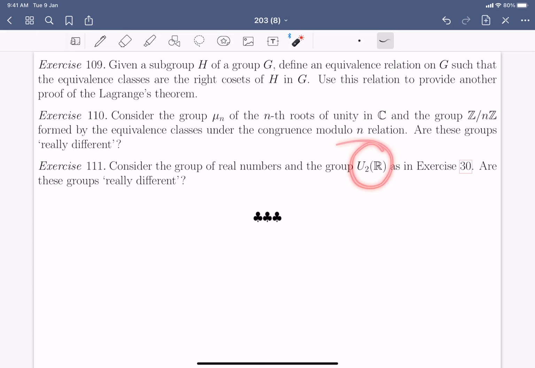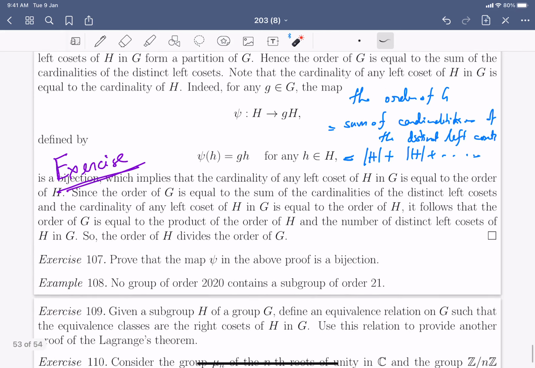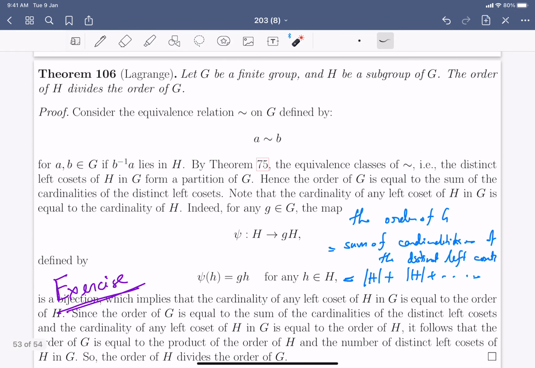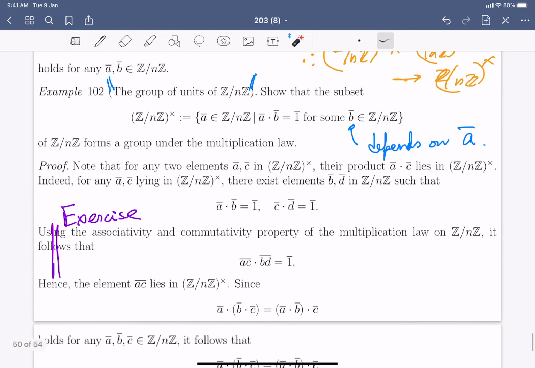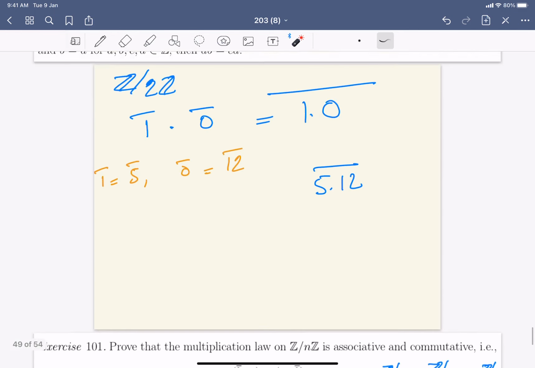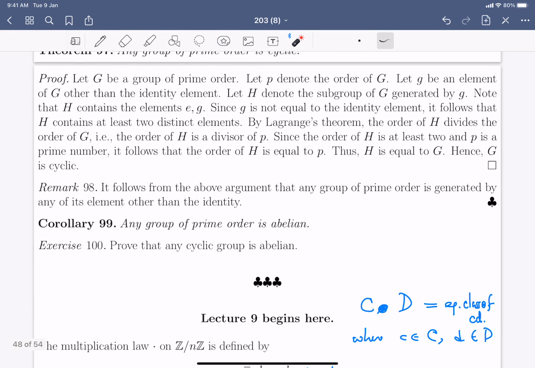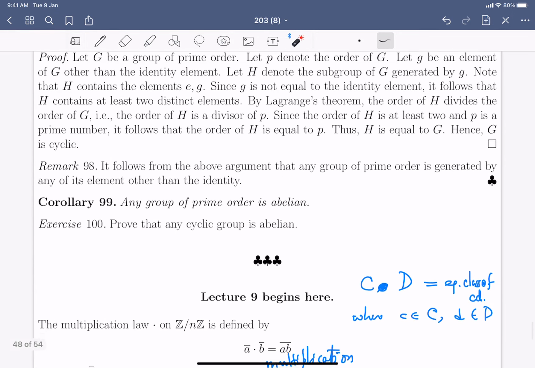Anyway, you may also have the group U2R in mind, and then the question is: is this group really different from the group of real numbers? Please try to work on these two exercises and the earlier exercises, and go through the proof of Lagrange's theorem and whatever we have discussed today, because we are going to use these notions of, for instance, subgroup, order, cyclic subgroups, abelian groups, and Lagrange's theorem over and over again.